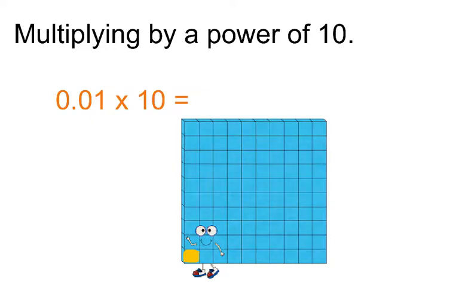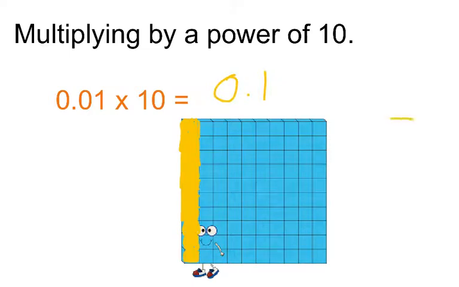So we have 1/100th times 10. Well, we remember from our base 10 blocks 1/100th as shown, and we would do that 10 times. So we have 1 time, 2, 3, 4, 5, 6, 7, 8, 9, and 10 times. So I can see that when I multiply these together, I have 1/10.